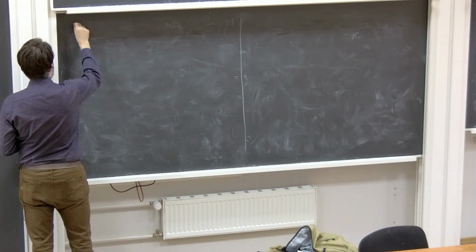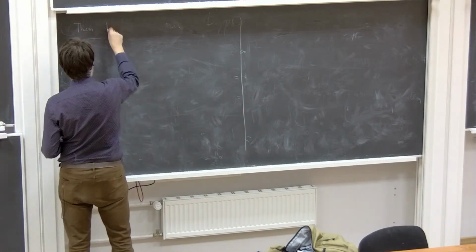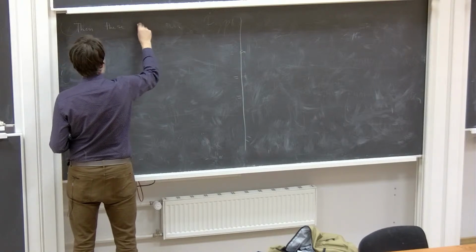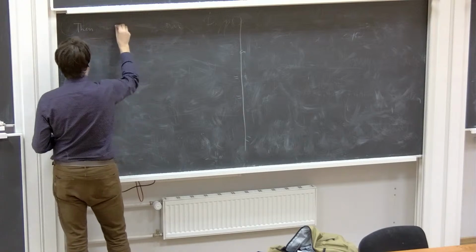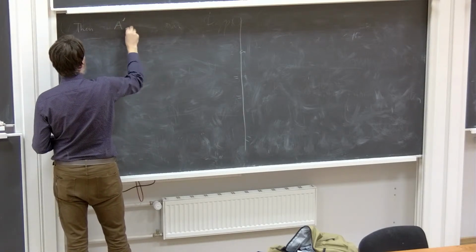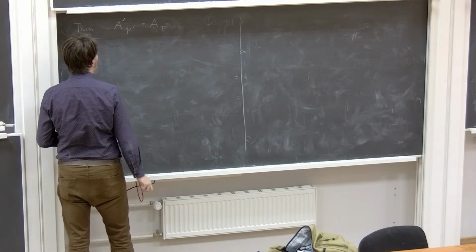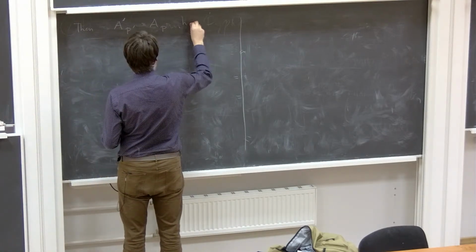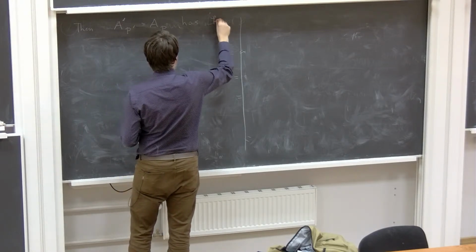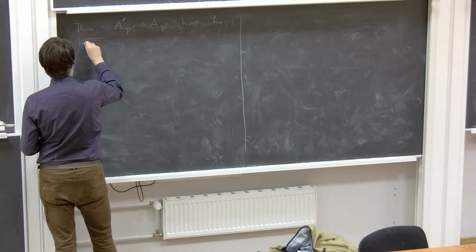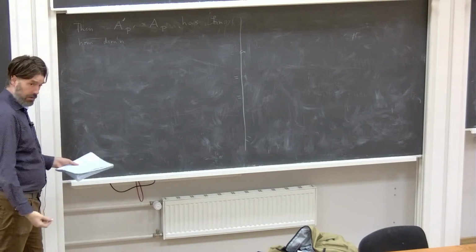So then A prime localized at P prime, same as A localized at P, these have finite homological dimension, since it's the localization of such.